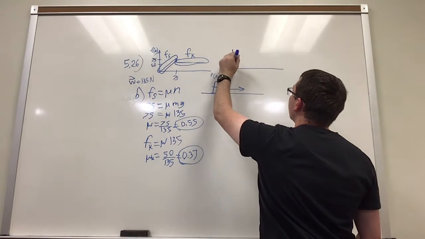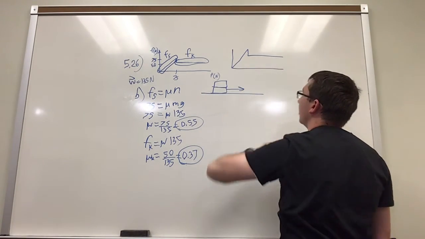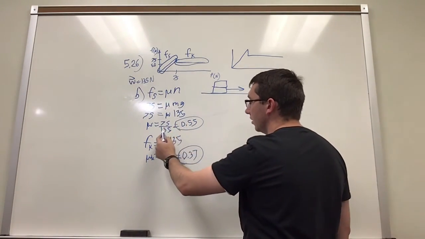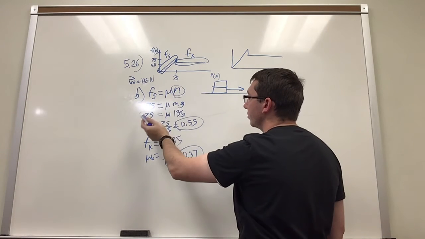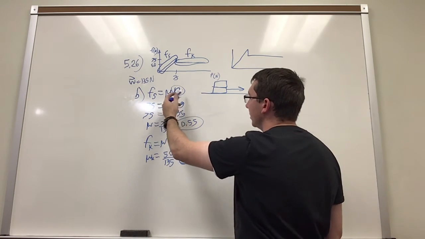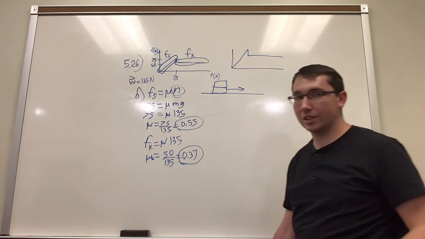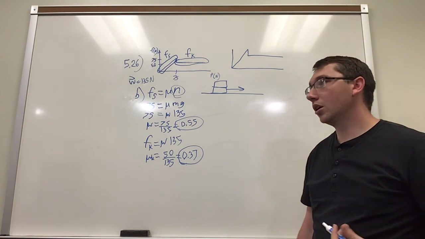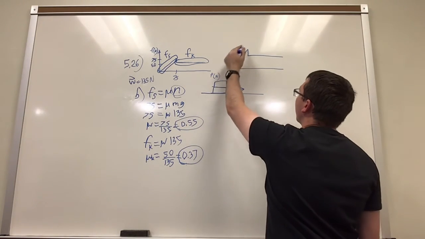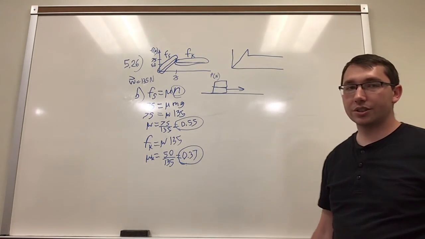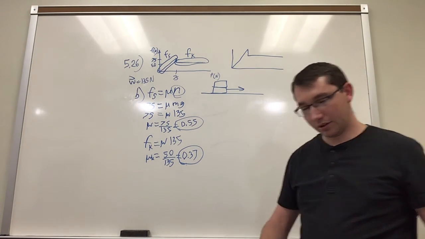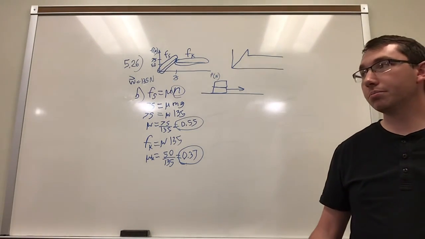So this graph would still look the same, but instead of being at 75, because this force would change, the coefficient would stay the same, but that force wouldn't stay the same. That force would double. And so, because this doubles, it would be twice as much for both the kinetic friction and the static friction. And so the coefficients would be double.